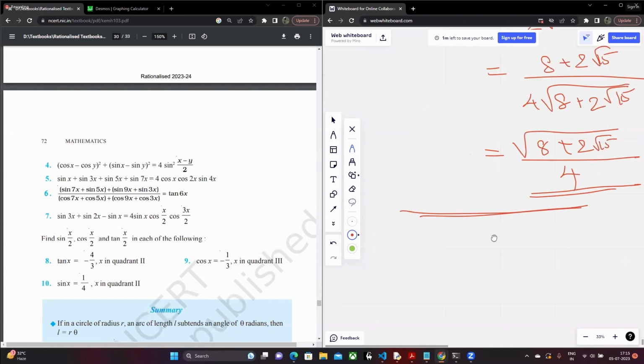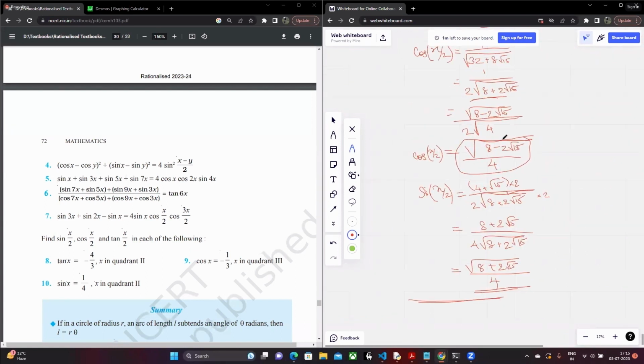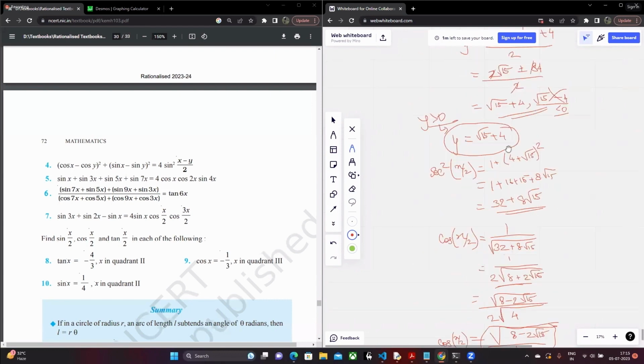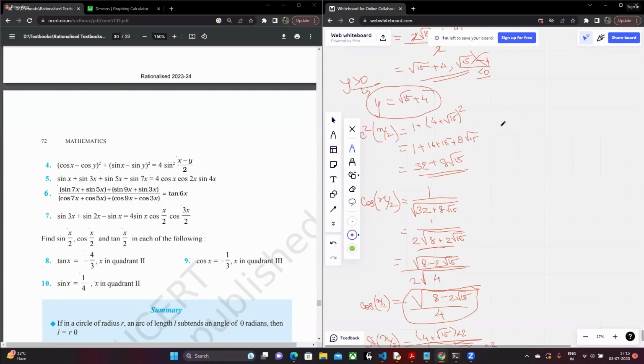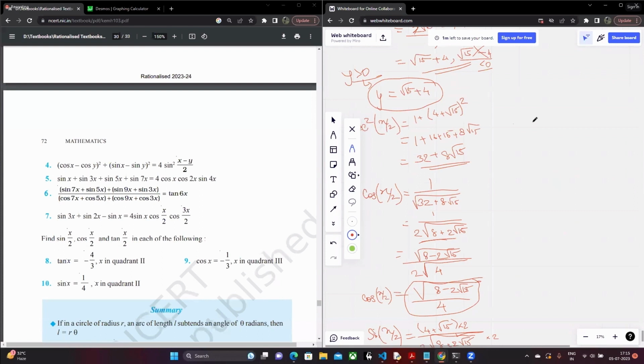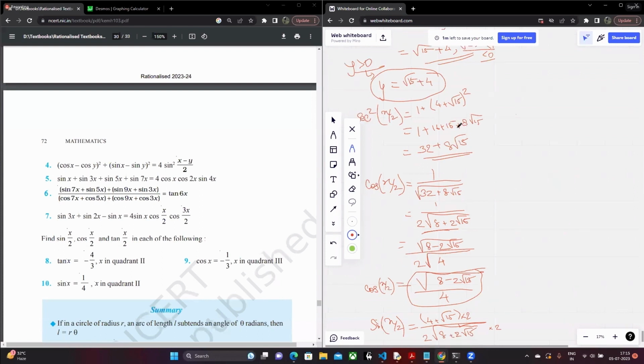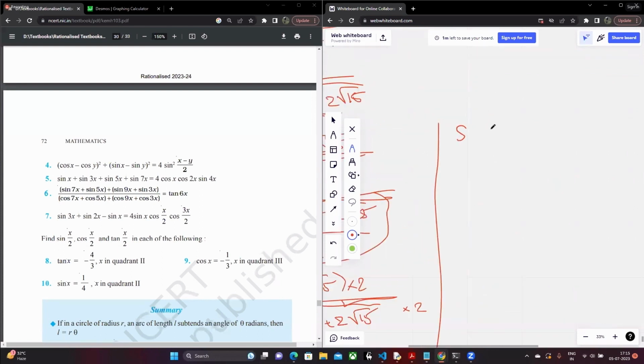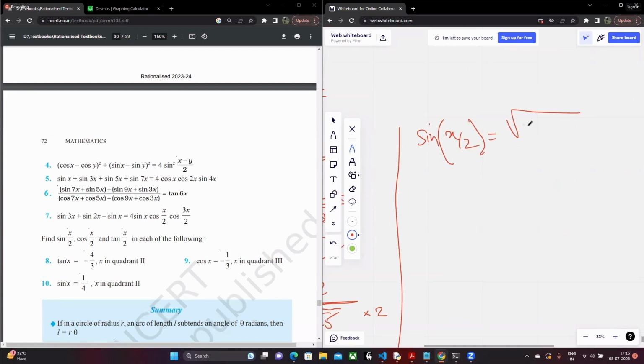Instead of doing all this, the simplest and easiest way to go about this, right? Let me just write the values over here because I forgot to do that. So sine of x by 2 we have found to be square root of 8 plus 2 root 15 divided by 4.